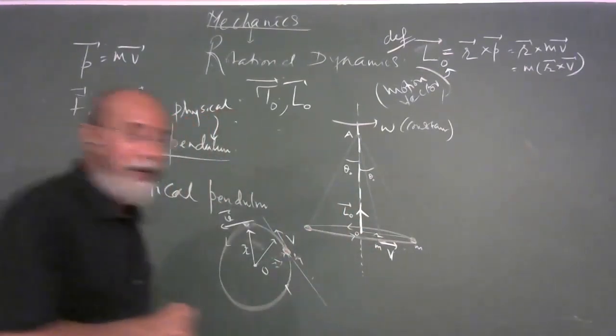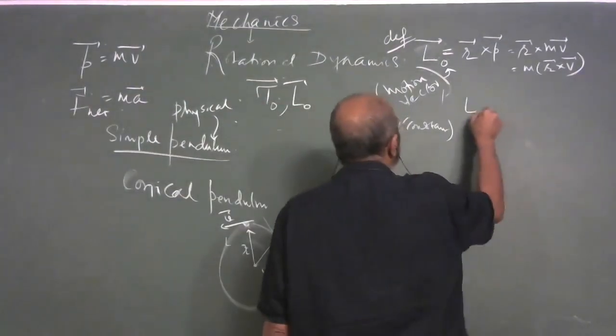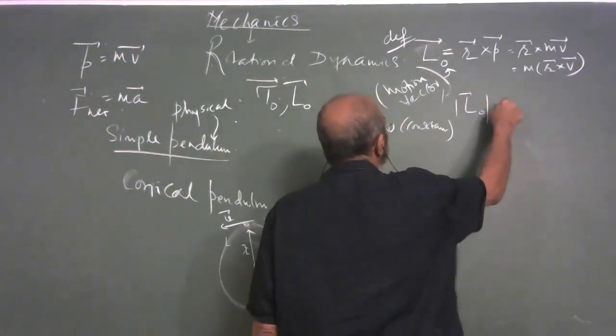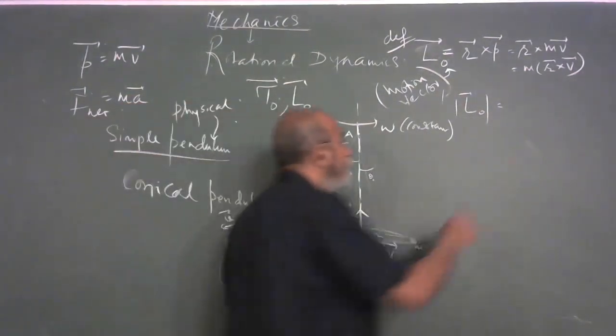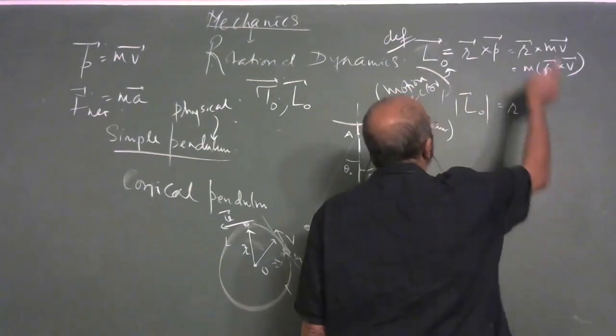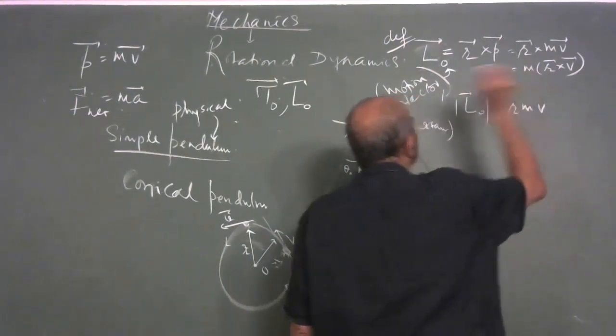Let us find out the magnitude. The magnitude is equal to R perpendicular, radius, into m into v.